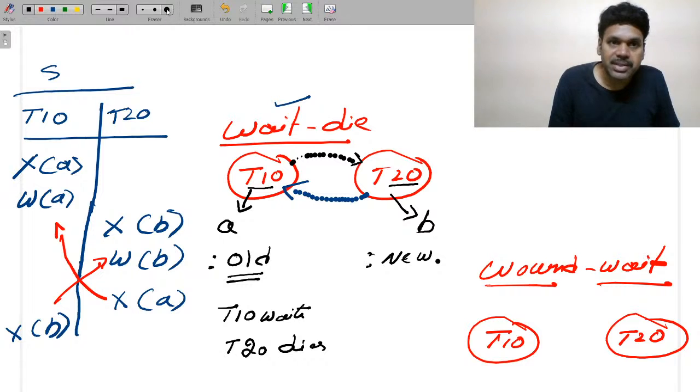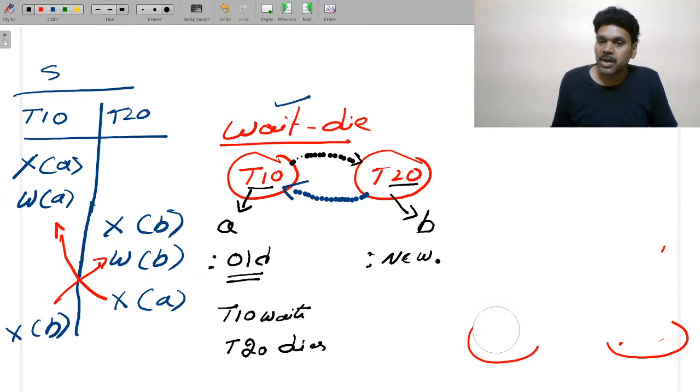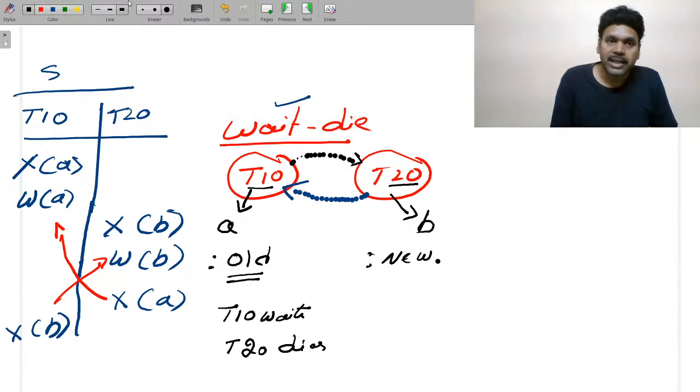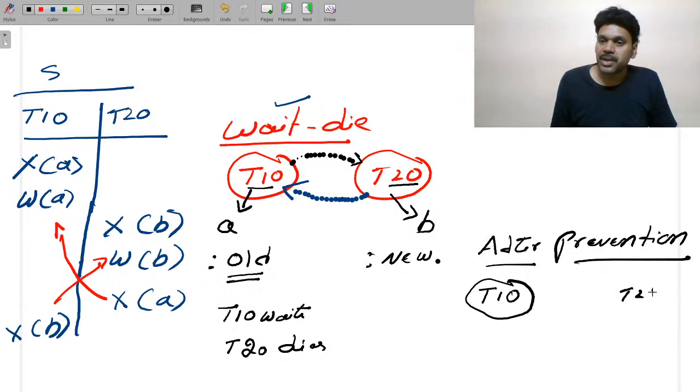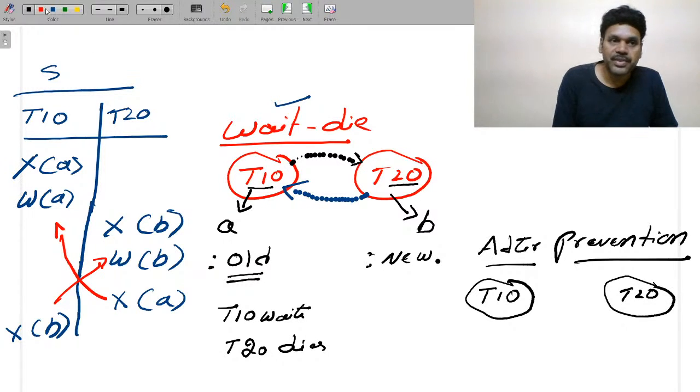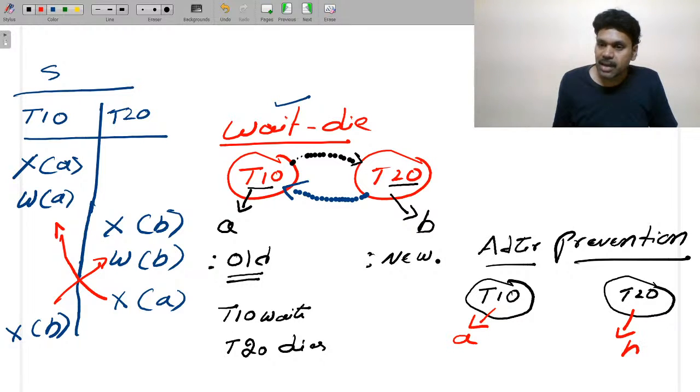Ready? So when it dies, what will happen? When it dies, your graph is modified. Your graph is modified like this. After prevention, what happened? T10 and T20, observe, friends, it is having A, it is having B. This edge we will follow.